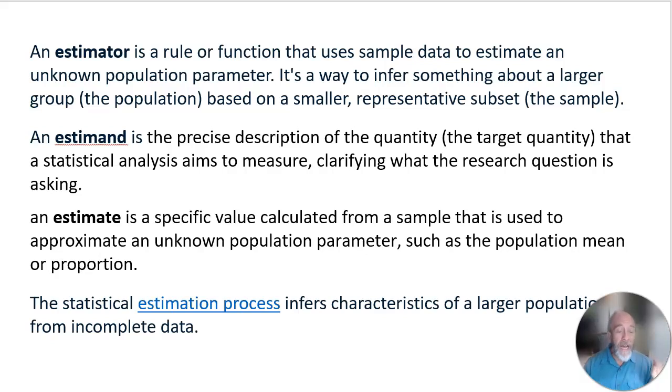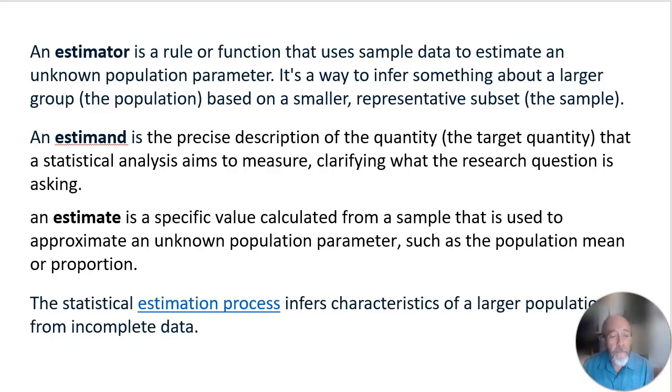And the estimate is that specific value that we calculate from a sample that we use to approximate the same parameter associated with the population. Remember, sample, population. Mostly we look at things like a population mean or a proportion, and we're going to cover both of those.